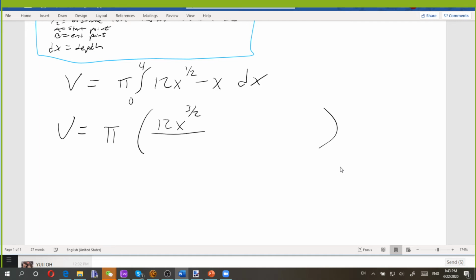Okay, and then I'm going to divide by the new power, so I'm dividing by 3/2. How about this one? That's going to be just x. You're going to add 1 to the power, so x squared over 2. And then we've got our upper bound and our lower bound, so I'm going from 0 to 4.